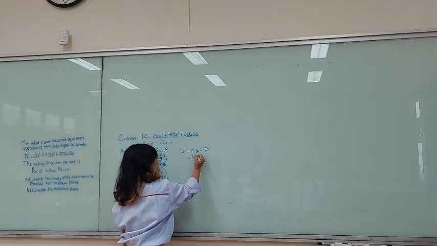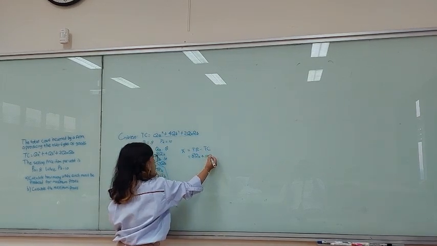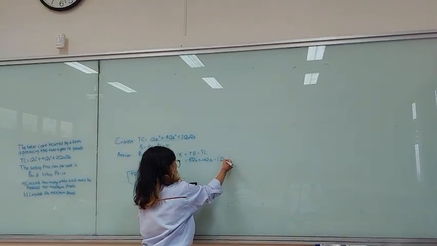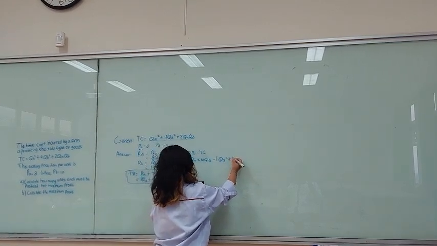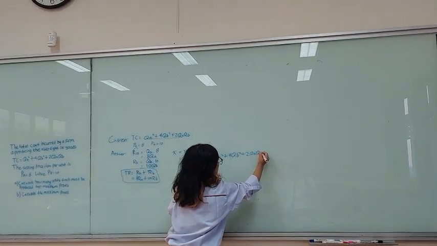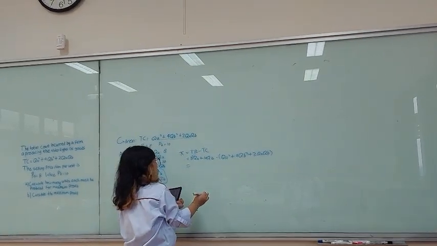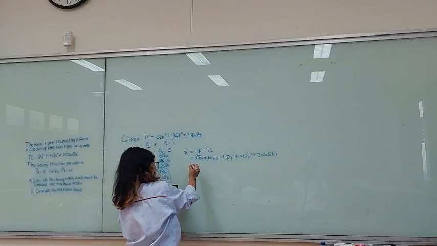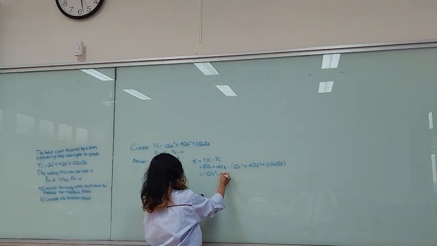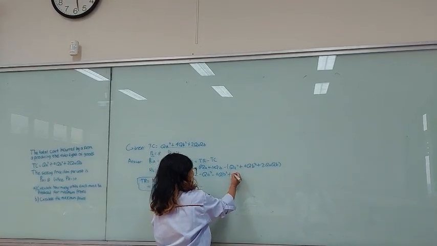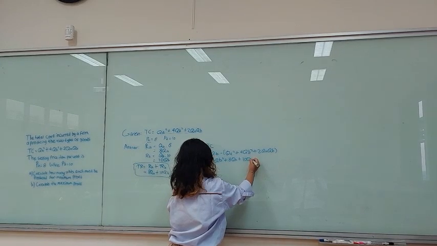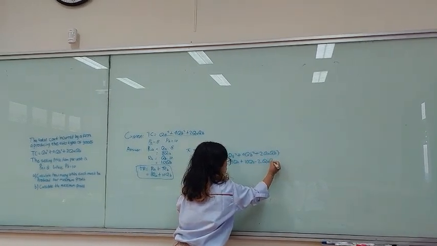So the 8QA plus 10QB minus TC, that's P. So the final is minus QA squared minus 4QB squared plus 8QA plus 10QB minus 2QAQB.